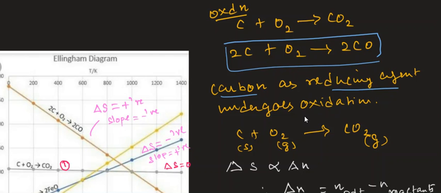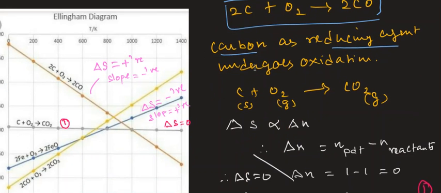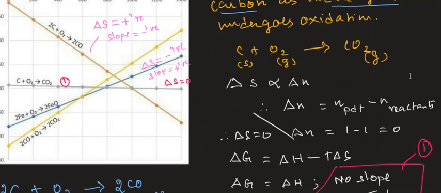Okay, right. Now let us see another thing. C plus O2 gives CO2. Let us analyze the entropy change of this reaction. We know very well that delta S is associated with the number of moles, that is, the randomness of gaseous molecules.